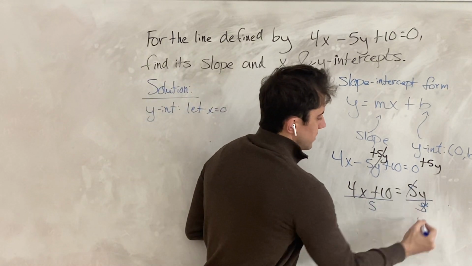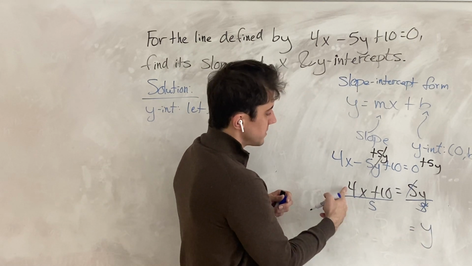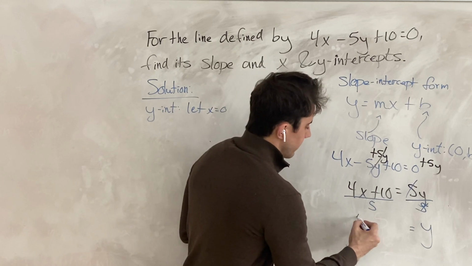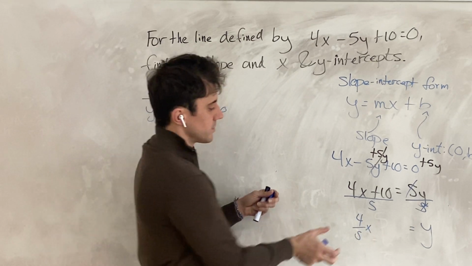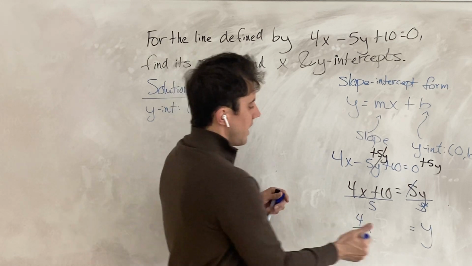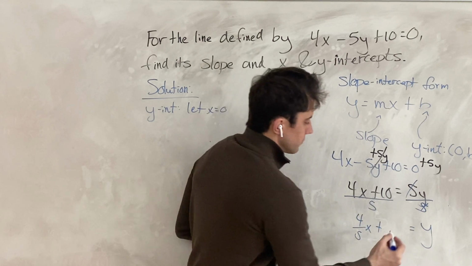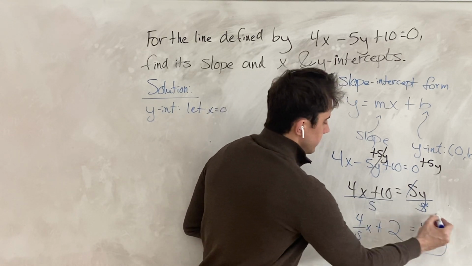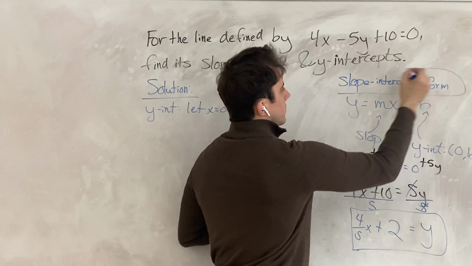And so the 5's cancel out, and so the y is by itself, and the right side becomes 4x over 5. We can write that as 4 over 5 x, right? In terms of the slope times our variable x, and plus 10 over 5 is simply 2. And so here is our equation in slope-intercept form, okay?